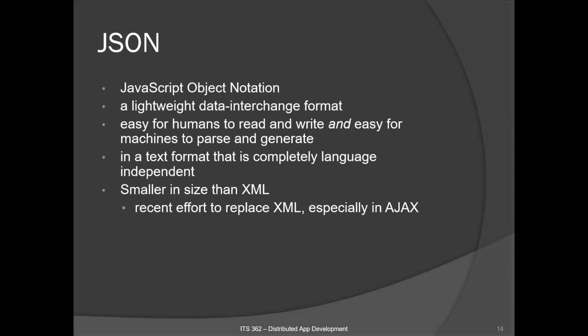All right, so JSON. JSON stands for JavaScript Object Notation, okay? And it's very similar to this idea of the object literal that we were talking about, that format, that syntax that we use of putting things in curly brackets.